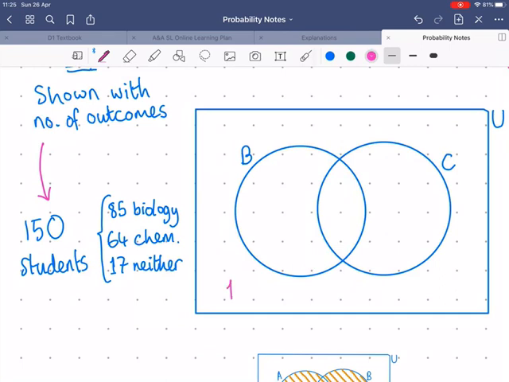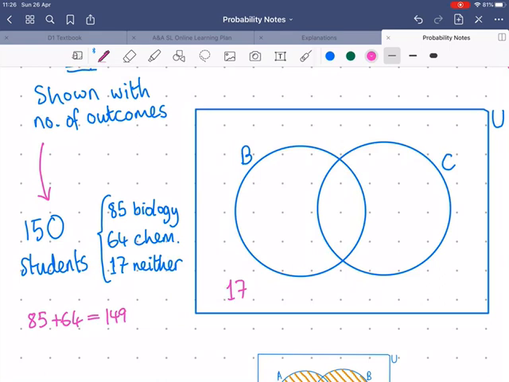I could put that 17 in here straight away, but if I start to look into these other students, I would see that if I add these up, I get 149. And those 149 plus the 17 are far more than 150. So what's happened here?